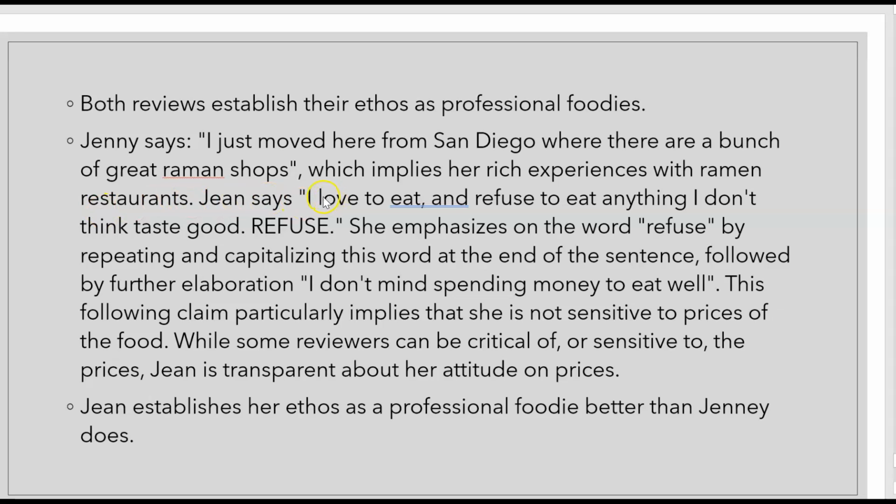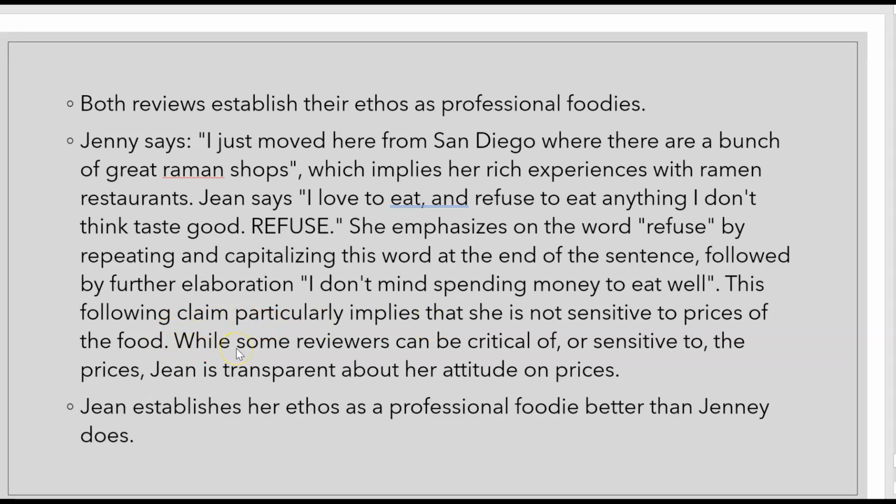And Jane says, "I love to eat, and I refuse to eat anything I don't think tastes good. Refuse." And she emphasizes the word refuse by repeating and capitalizing this word at the end of the sentence, followed by further elaboration. "I don't mind spending money to eat well." So this talks about her budget. The following claim particularly implies that she is not sensitive to the prices of the food. Again, this is analysis.